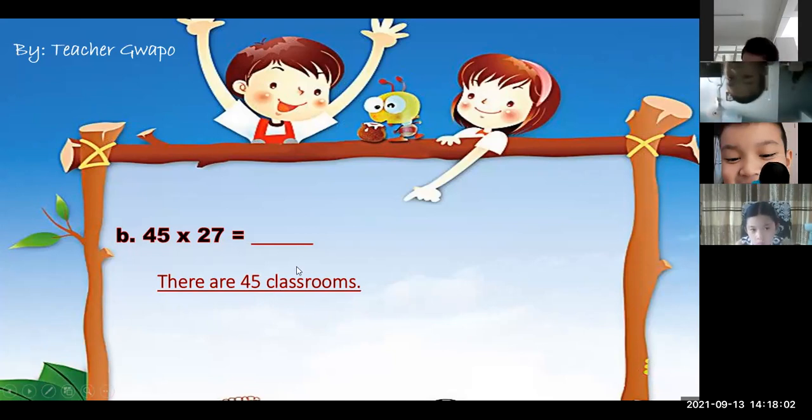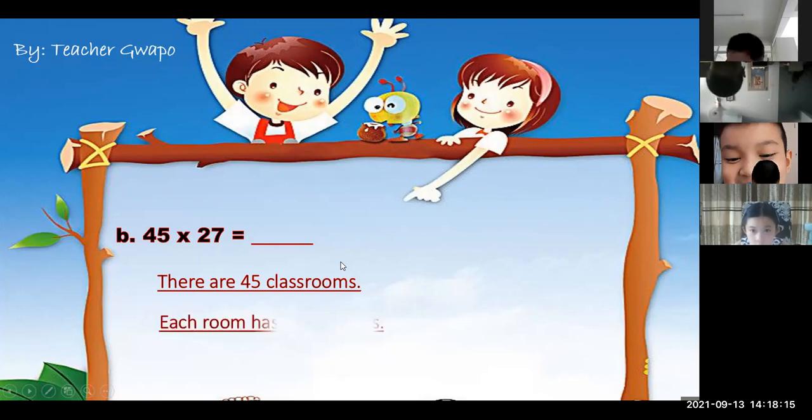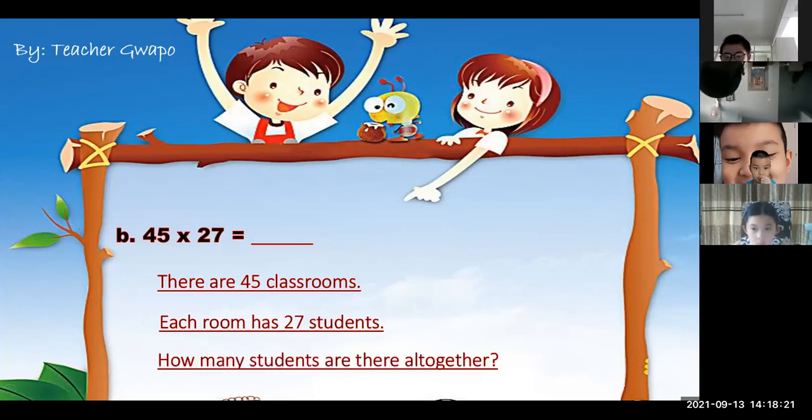It's okay. So this one is a place. A while ago, we talked about fruits. This time, we talk about the place. So let's say there are 45 classrooms. Each room has 27 students. So question, how many students are there all together?